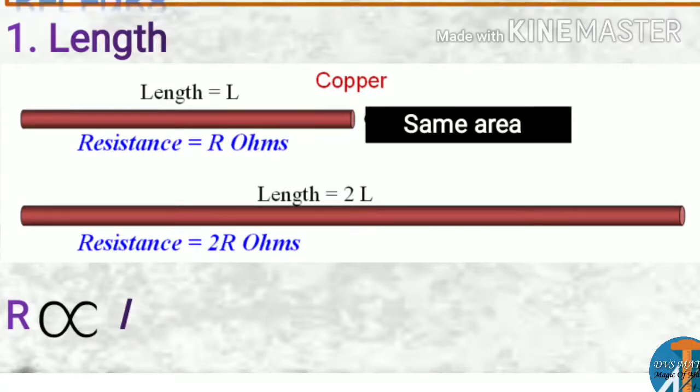The resistance is also double, 2R. So that means if length increases, resistance increases, or if length decreases, resistance decreases. So we write R proportional to L. As you know, if you write R proportional to L, it is directly proportional. Clear?